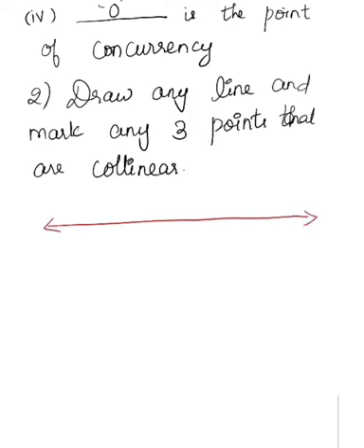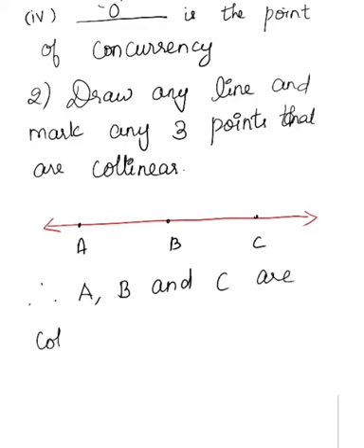This is your line. You mark it whatever you want. This is A, this is B and this is C. Therefore, A, B and C are collinear points.